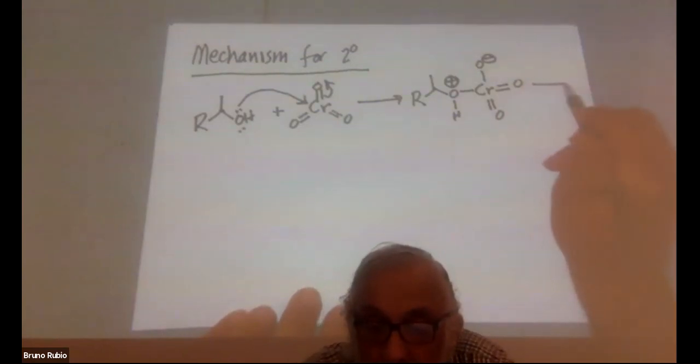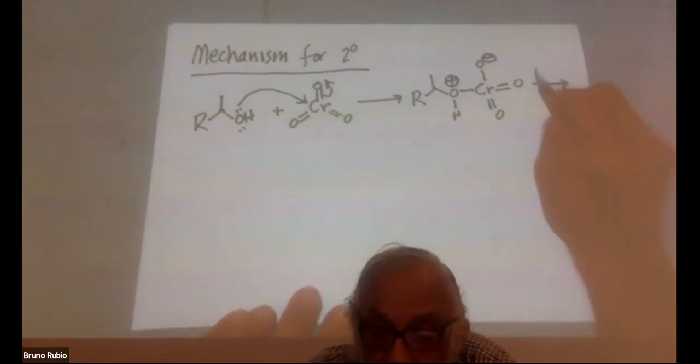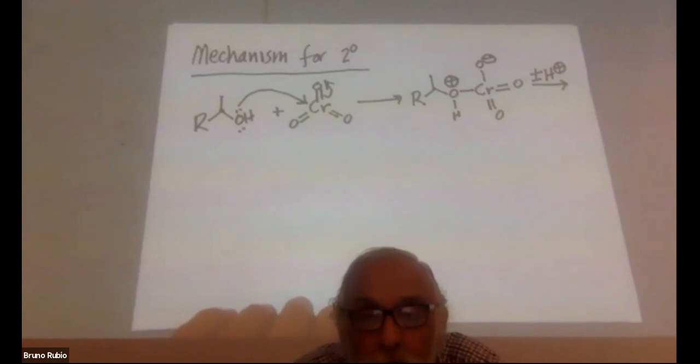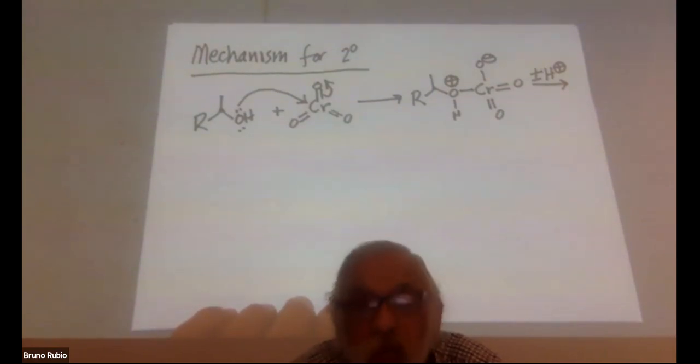So instead of writing all of those steps explicitly, we like to use this symbology here, which means add a proton from, or take away a proton from somewhere and add a proton somewhere else. Or sometimes it's add a proton somewhere and take away a proton from somewhere else.